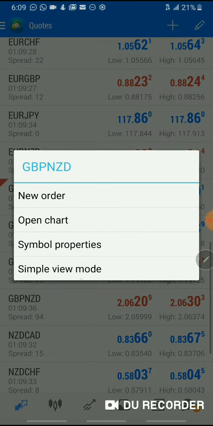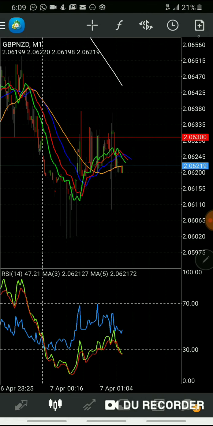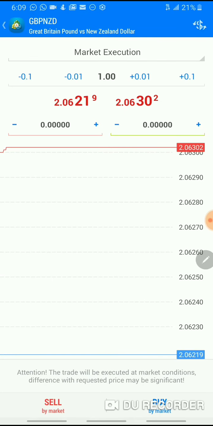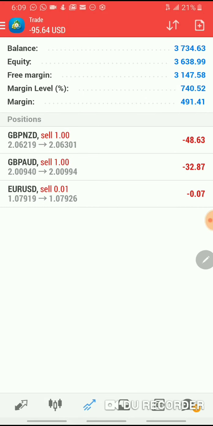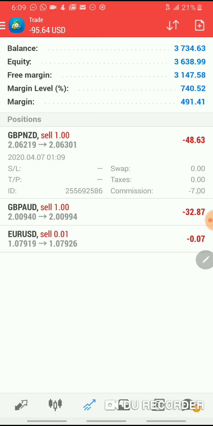GBP NZD spread 90, which would be about $9 on a standard lot, $90 on a standard lot, most believe. So they entered me with a $7 commission plus this amount of drawdown in my account.